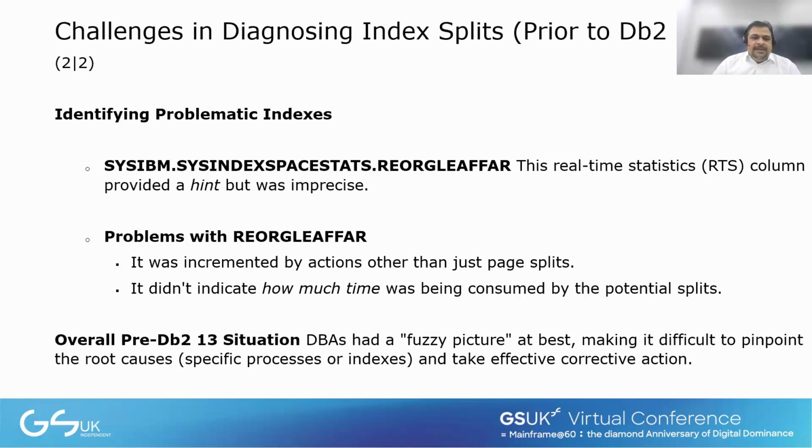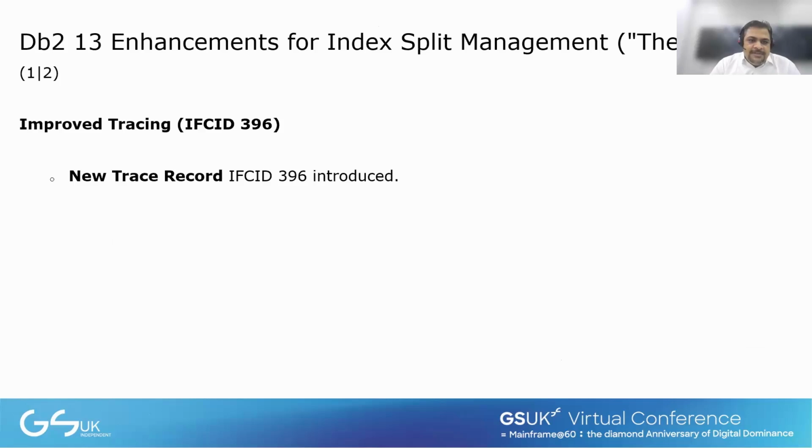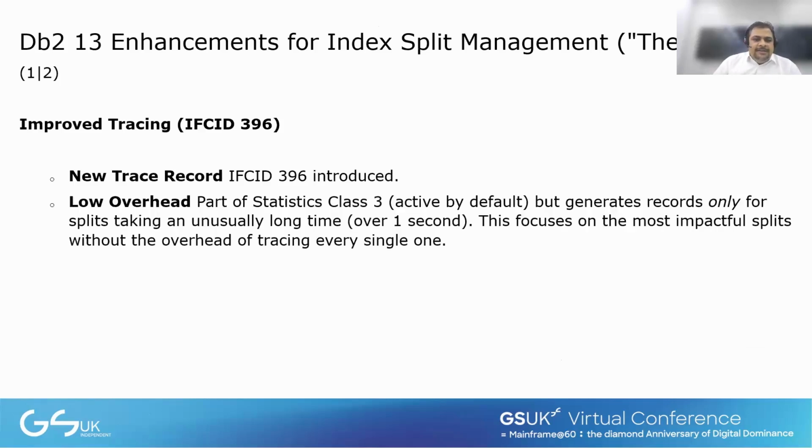DB2 13 brought some relief for us. In DB2 13, IFCID 396 was introduced, and it has low overhead to run this diagnostic because it is part of statistics class 3, and it was active by default.